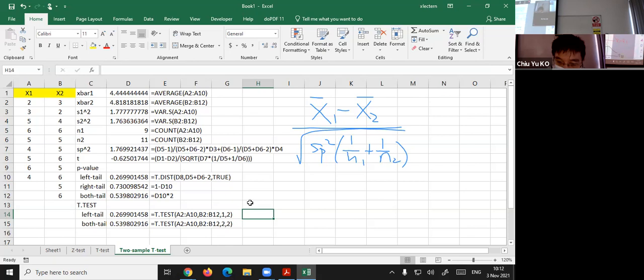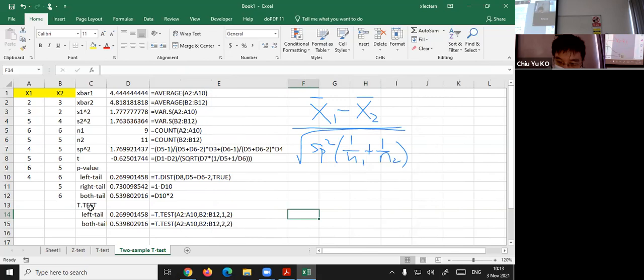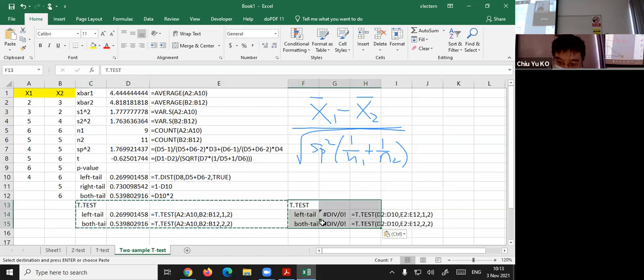But you can try to do the unequal variance. Let's put it here. If you do the t-test, unequal variance will be here.